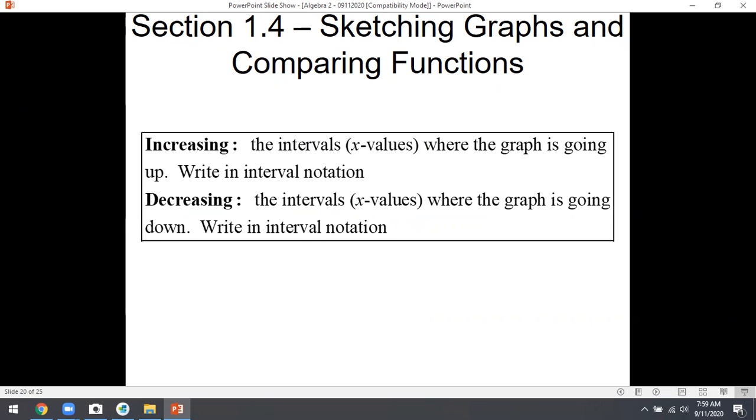That's it. The whole thing about these two terms is I want to know the x values on the x-axis where this is occurring. So on a test, it might say, tell me the interval where it's increasing, tell me the interval where it's decreasing, et cetera. And your job would be to just read the graph and see what x values it's going up and what x values it's going down. That's it.